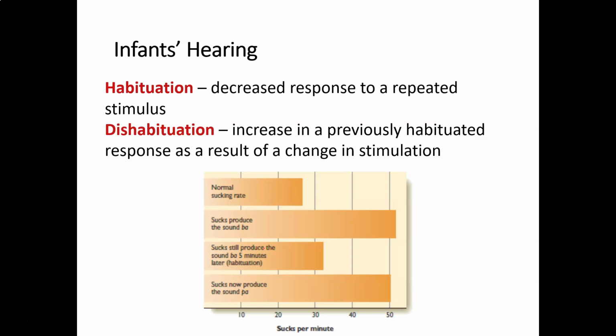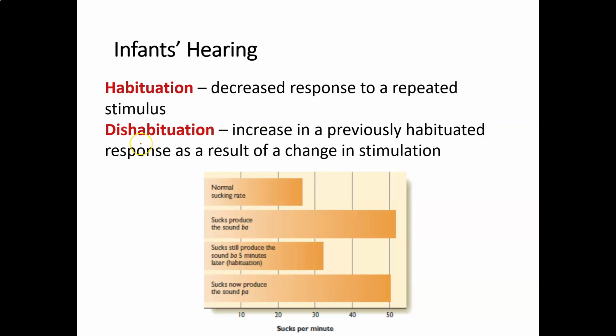So ignoring a stimulus that is constant, right? So right now you've probably habituated to the sounds in the room that you're in, to the clothes that you're wearing, to whatever it is that you're sitting on. Those things have not really changed much, so you have stopped paying attention to them. You kind of ignore that they're even there.